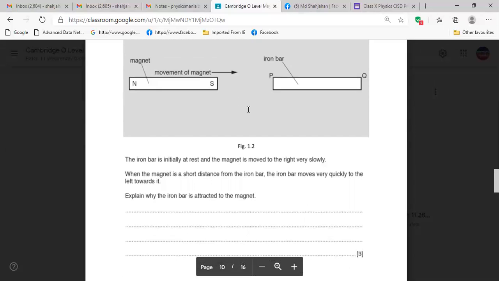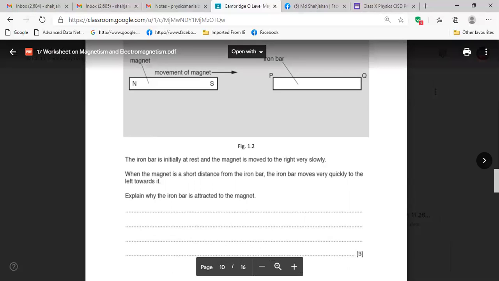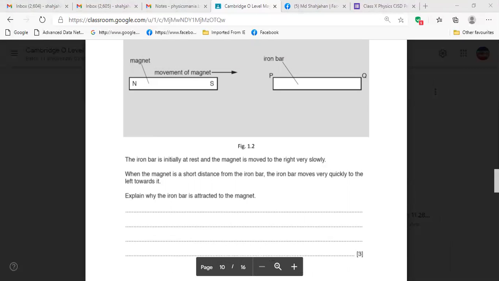Yes. Why is the iron bar attracted to the magnet? So what should be the answer? Because the north pole of the iron bar is facing the south pole of the magnet, and as they are opposite poles, they attract each other.